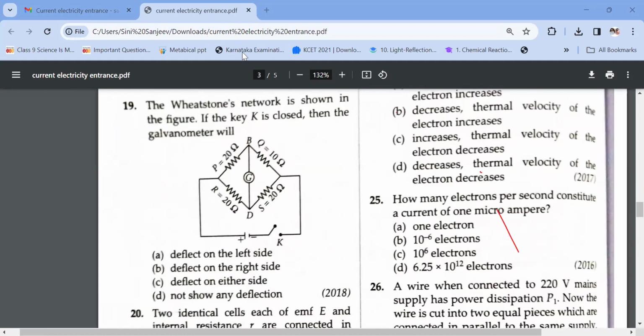A, B, C, D. What do you think is your answer? Correct. One correct answer I got.